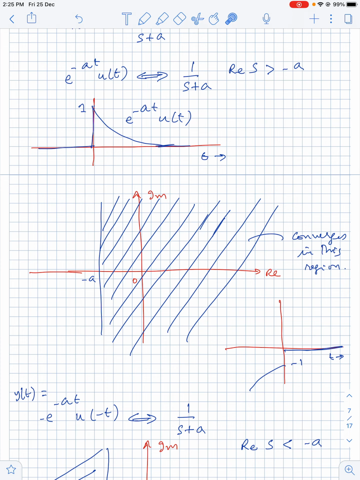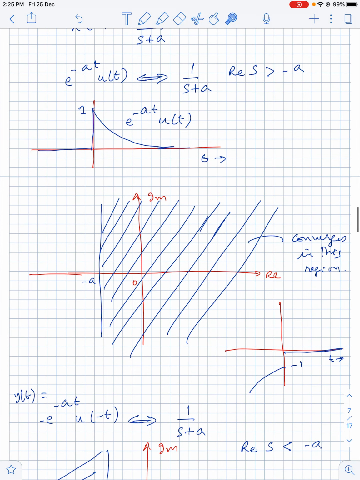So if this is the real axis, a is a positive number, so minus a is on the left side of 0, and the ROC is this shaded portion, because s has to be greater than minus a. All the values of s greater than minus a are where this Laplace transform exists. It converges only in this domain.